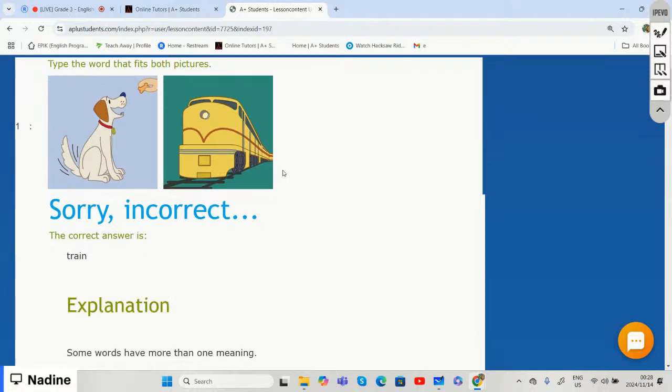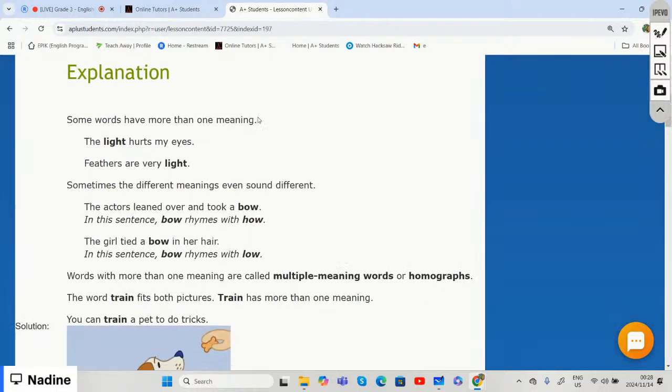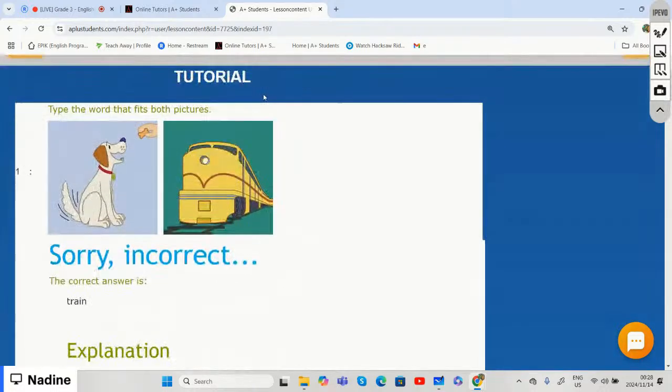If we look at our two pictures over here, here we have a dog and there we have a train. We need to type the word that fits both pictures. What do you see in picture two and what are they doing with the dog?